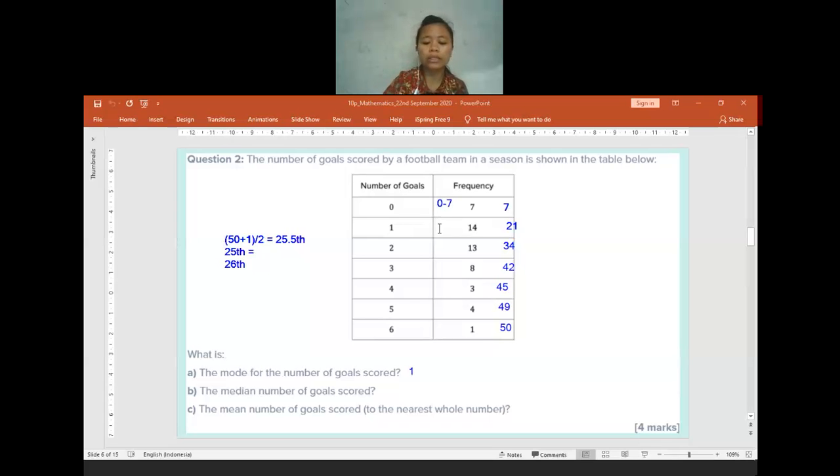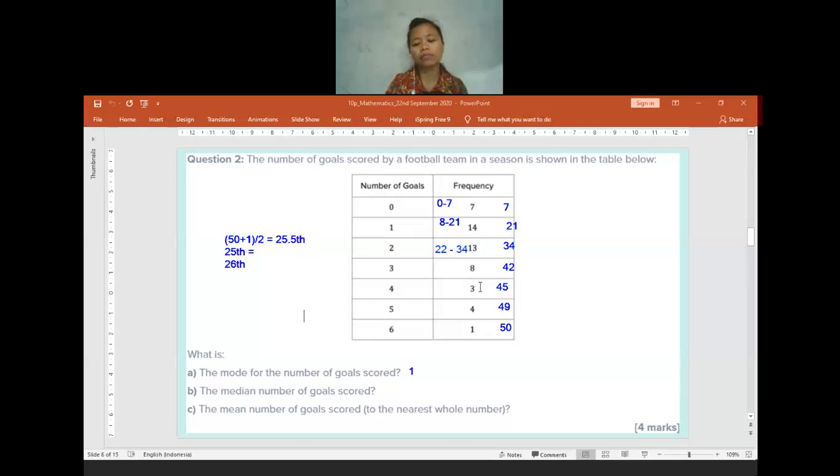After 7, we have another number which is 8. Because the cumulative frequency is 21, the 8th until the 21st data is number 1. After 21, it will be 22. The last one is 34. So it means the 22nd until the 34th data will be equals to 2.